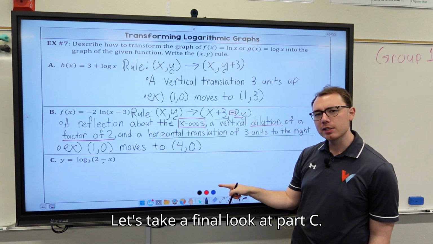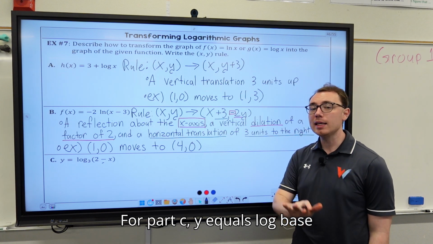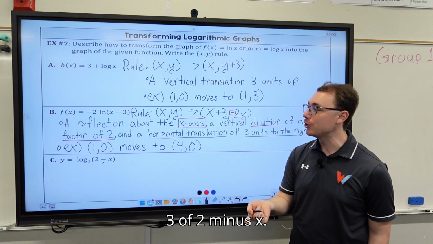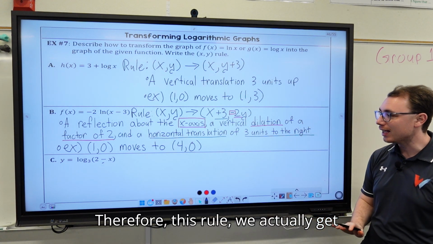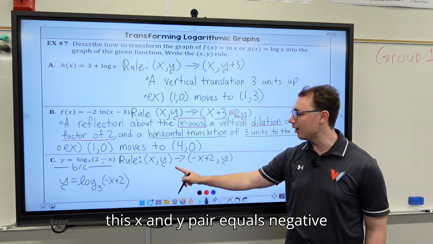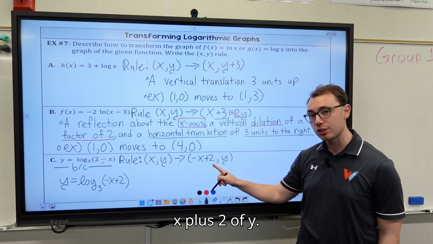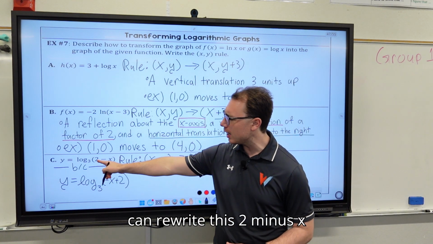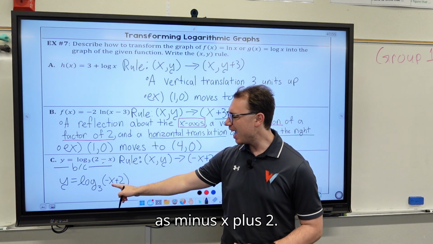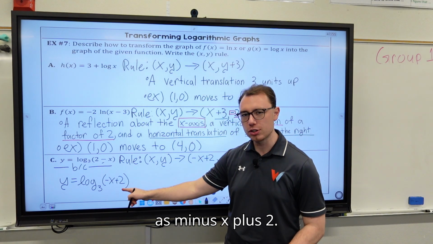Let's take a final look at part C. For part C, y equals log base 3 of 2 minus x, where for this rule we actually get the x and y pair equals negative x plus 2, y. I want to showcase that we can rewrite this 2 minus x as minus x plus 2.